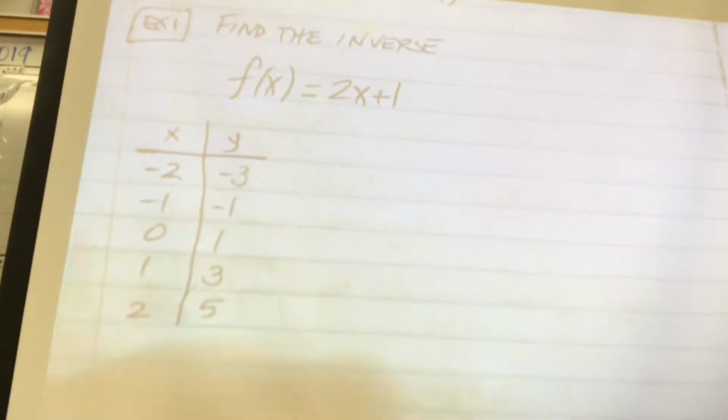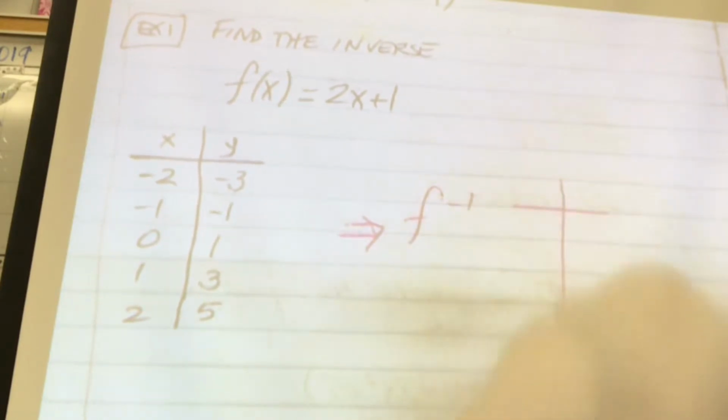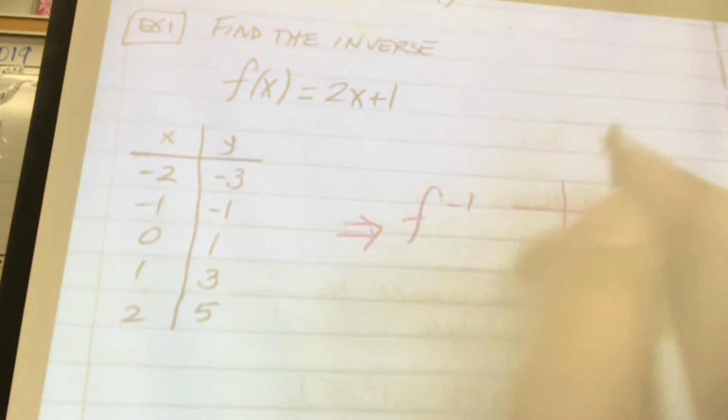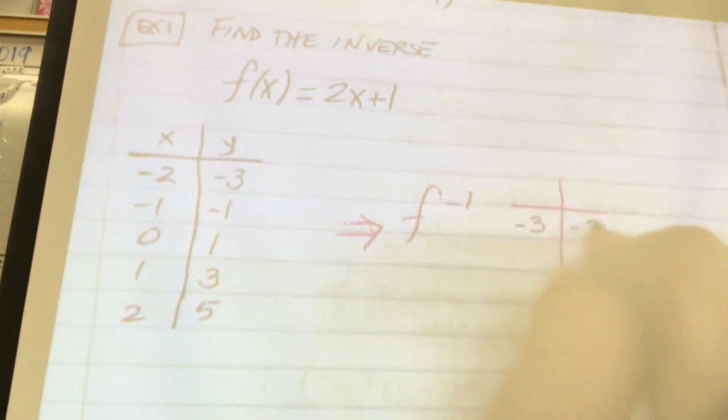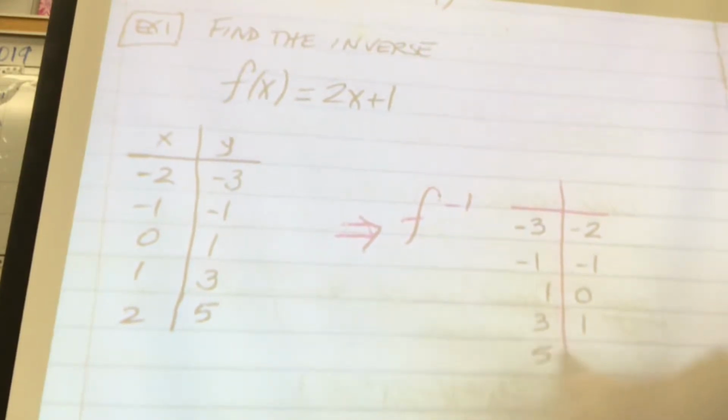This one's going to be 1, then -1, -2. And I know that the inverse is going to have the switched points. So this inverse is going to have points -3, -2; -1, -1; 1, 0; 3, 1; and then 5, 2.